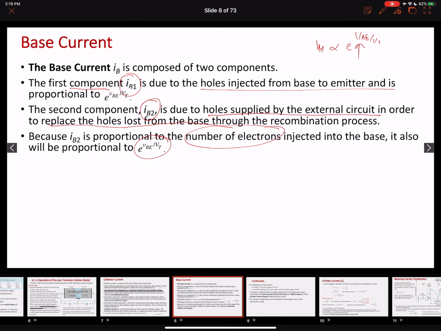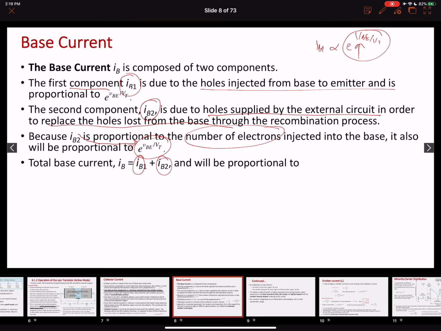So IB2 is also proportional to e raised to VBE over VT. The total base current is the summation of IB1 and IB2, and since both are proportional to the exponent of VBE over VT, the total base current will also be proportional to it.